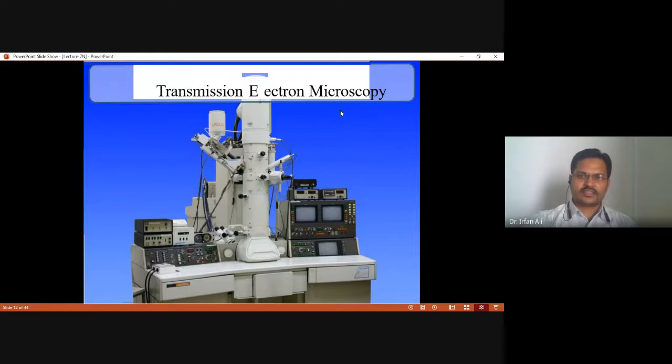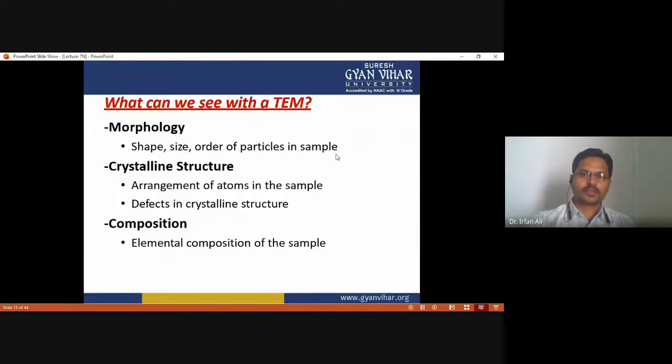So this is the structure of the transmission electron microscope. What type of characterization do we carry out by the use of transmission electron microscopy? We analyze morphology, like the shape, size, and order of particles in the sample.